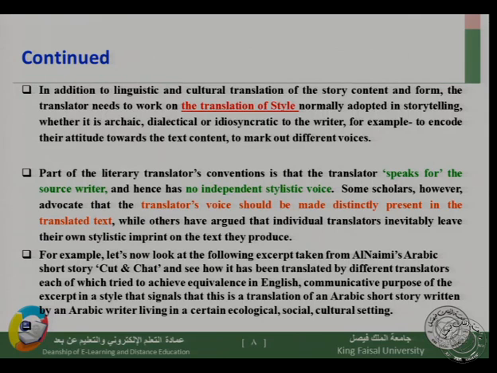Are you still near to the original text? Are you entertaining? Are you provoking emotions? Have you met all the features of a text, of a short story? So you need to be able to really control all these elements when you are translating a short story.